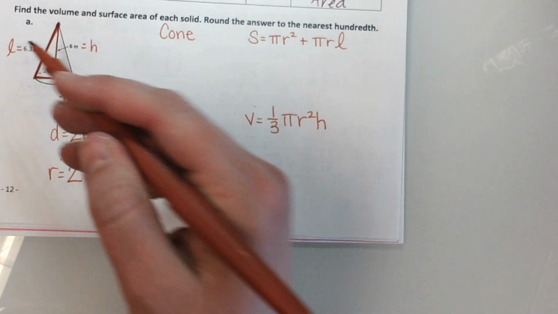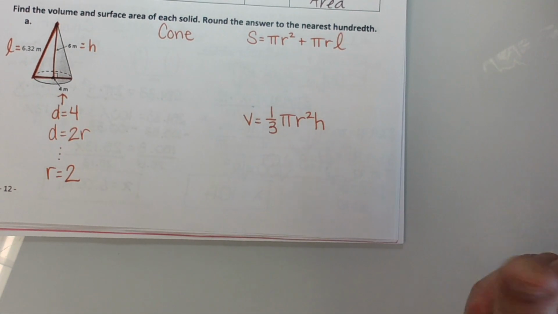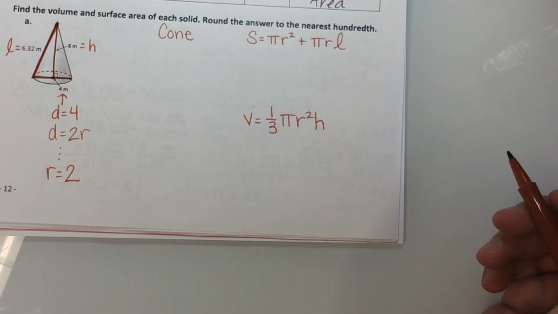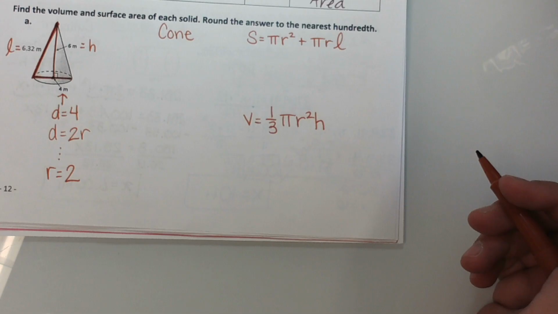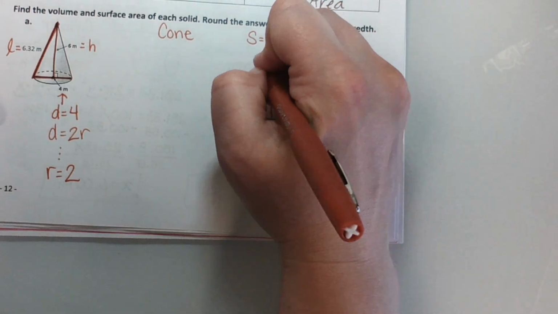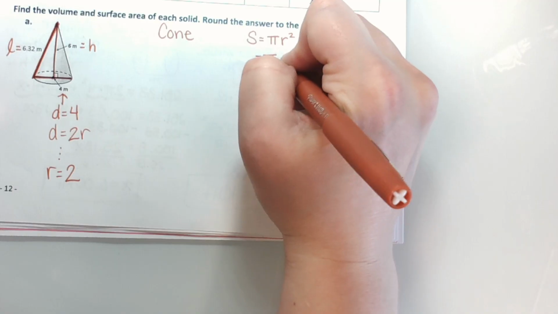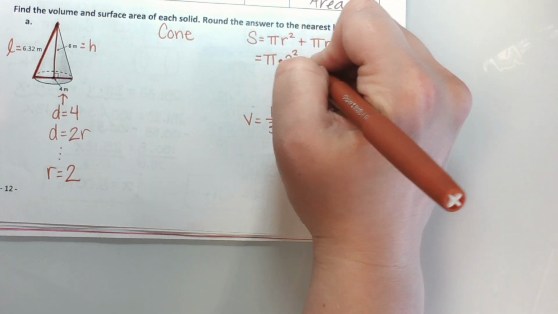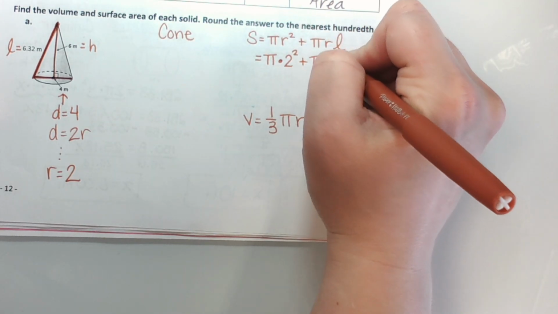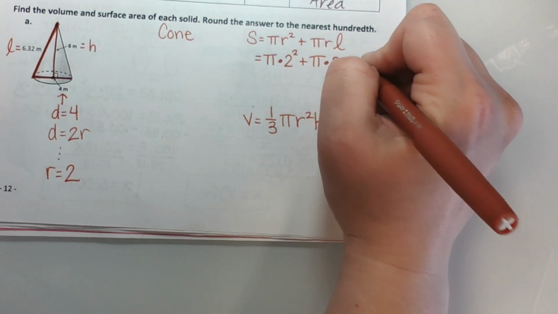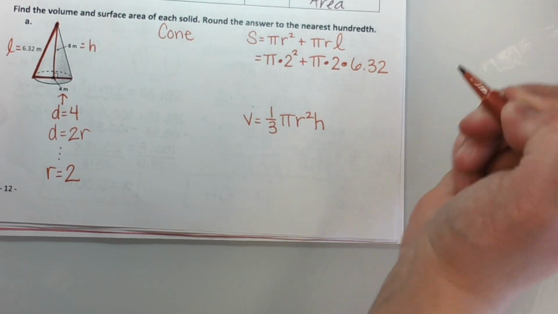Once you've identified those three things, these formulas are much like yesterday. Plug the numbers in. It's an ugly looking formula, but it is very calculator friendly. Pi times 2 squared plus pi times 2 times 6.32.